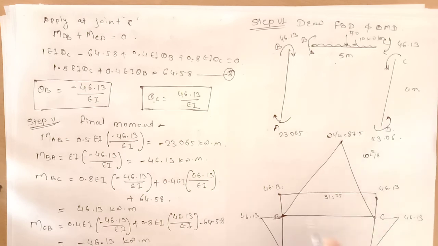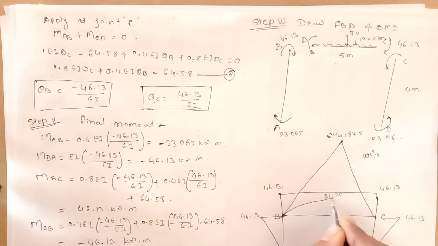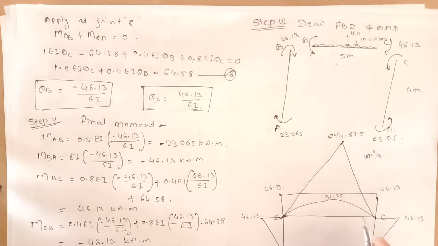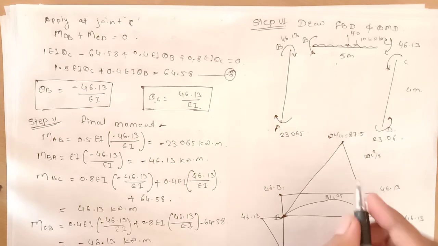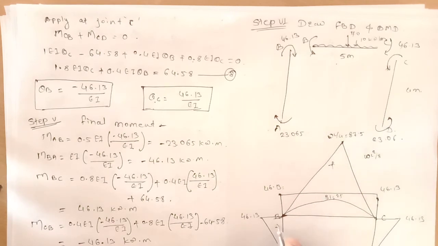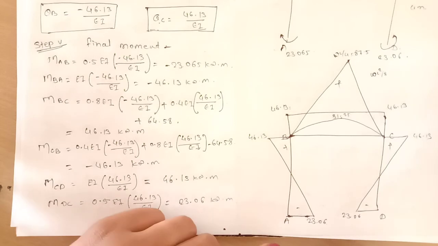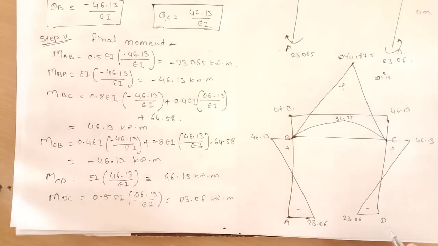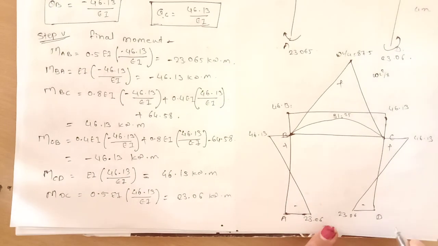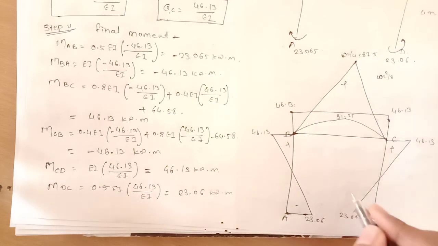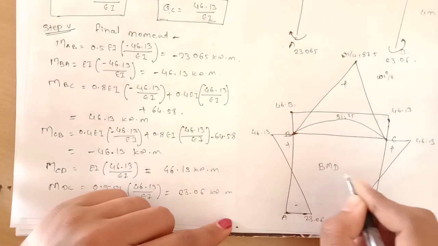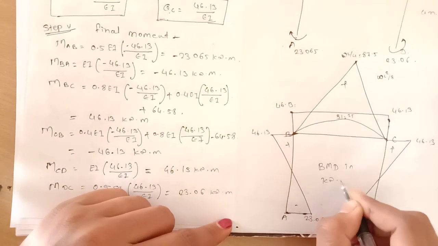So approximately here the diagram is like that. So this is our bending moment diagram, in kilonewton meter.